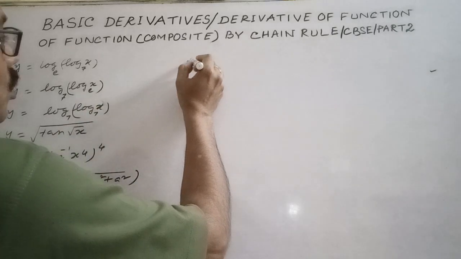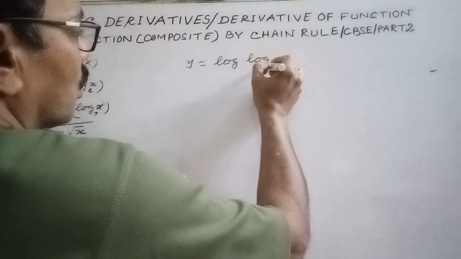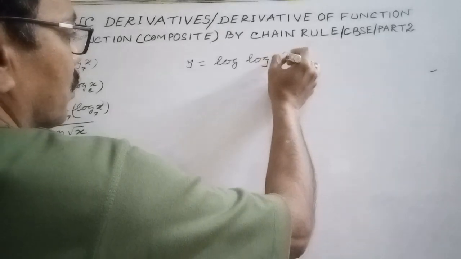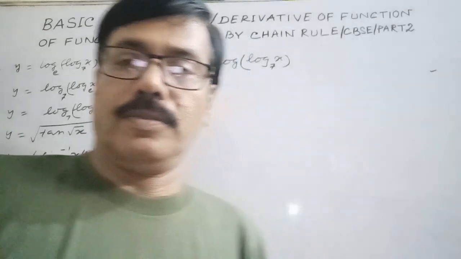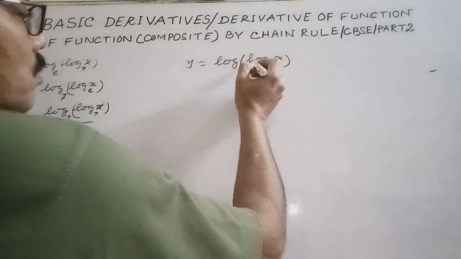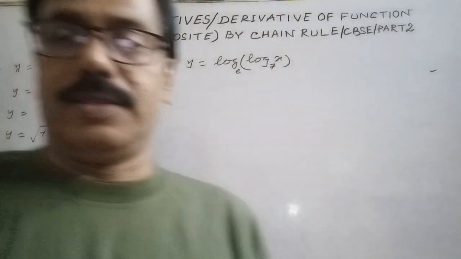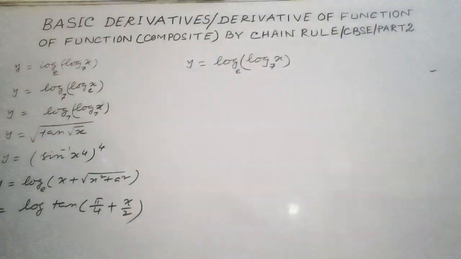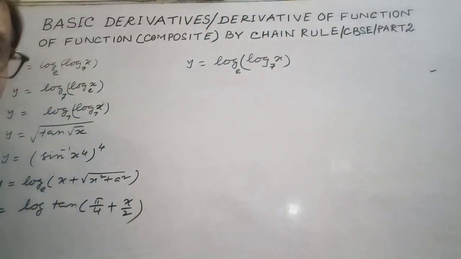So y equals log x base 7. Here base is not mentioned, so base is e. So what is the main function? Main function is log with base e.